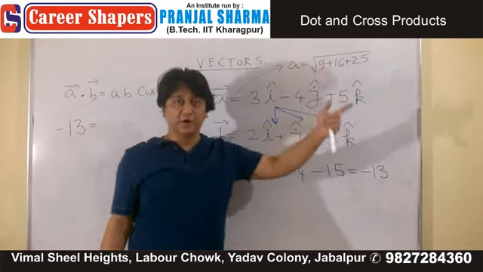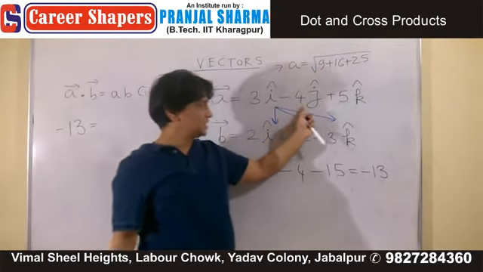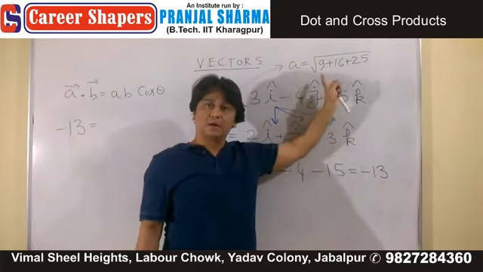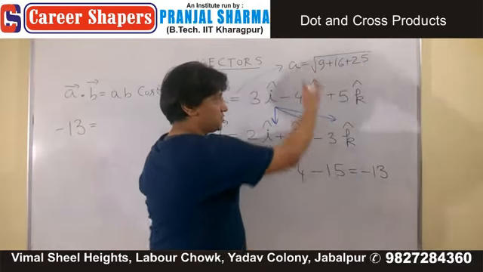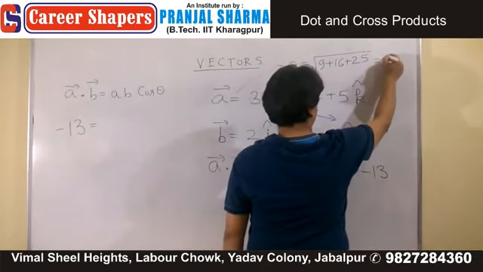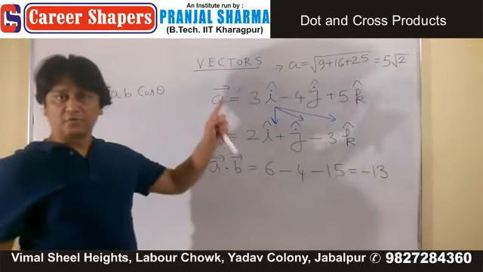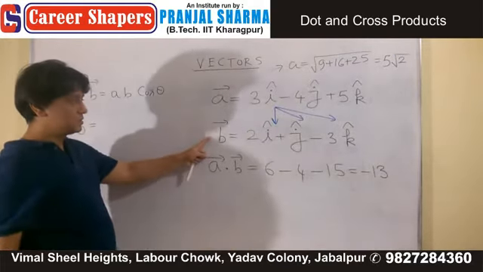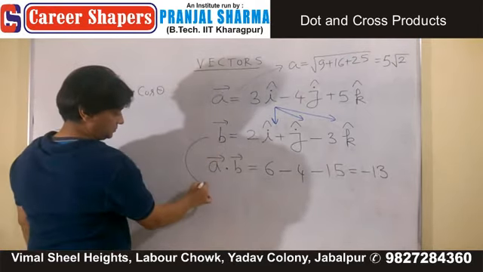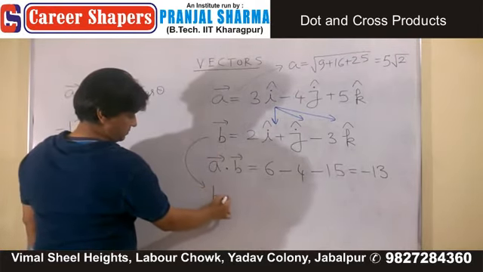How do you find magnitude? i square, j square, k square under the root. This is your root 50, or 5 root 2. That's the value of A. This is B. Then what is B?